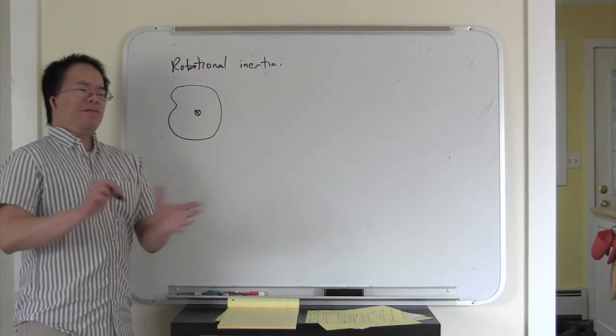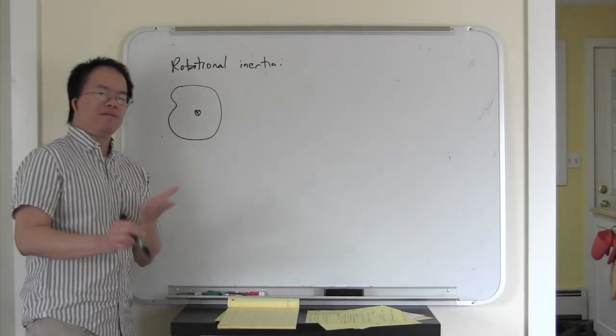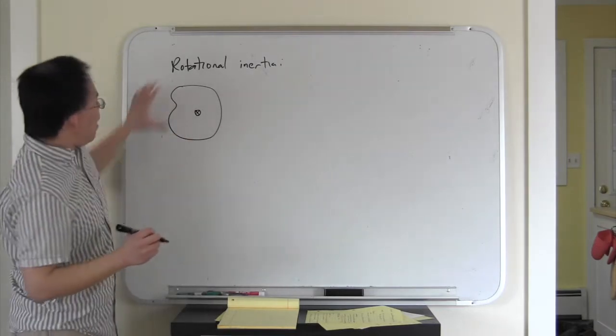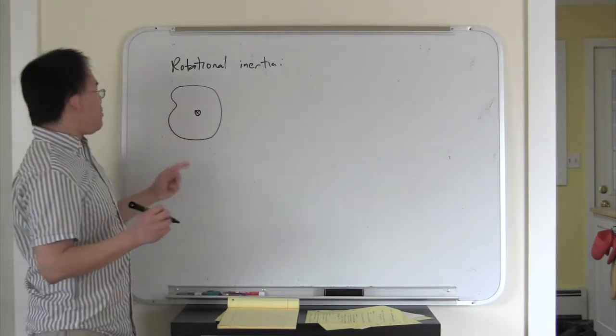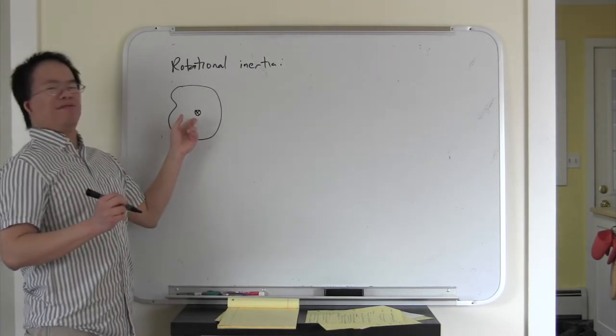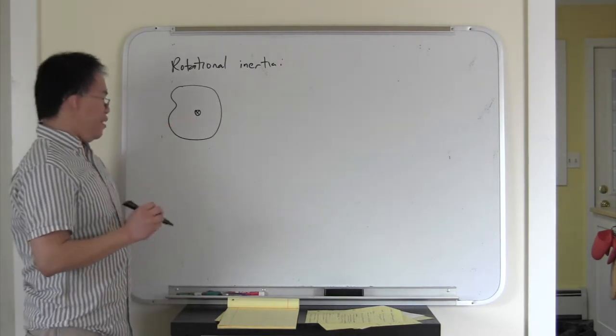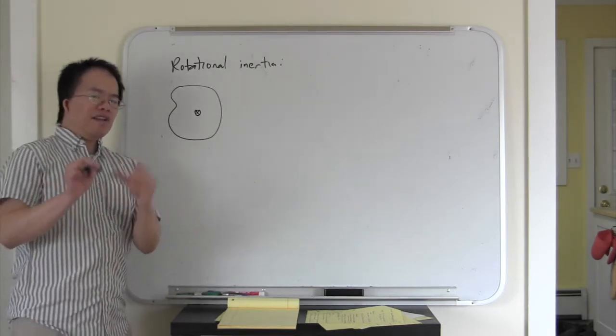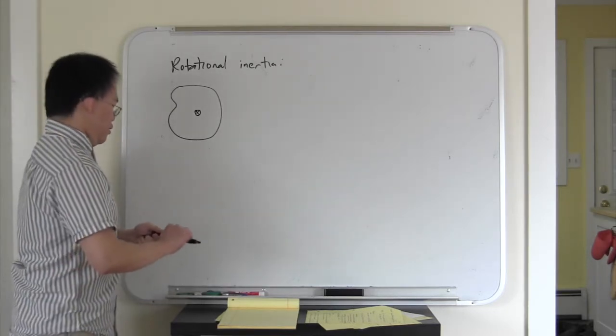This is hopefully language that's a little familiar from 118. It's the idea that if I have some continuous object with some rotation axis, which I've drawn as a little x here, I can think about that continuous object by imagining that I subdivide it into little chunks.